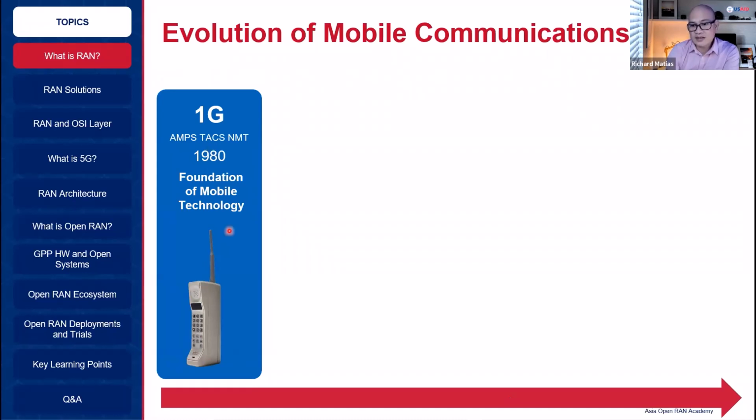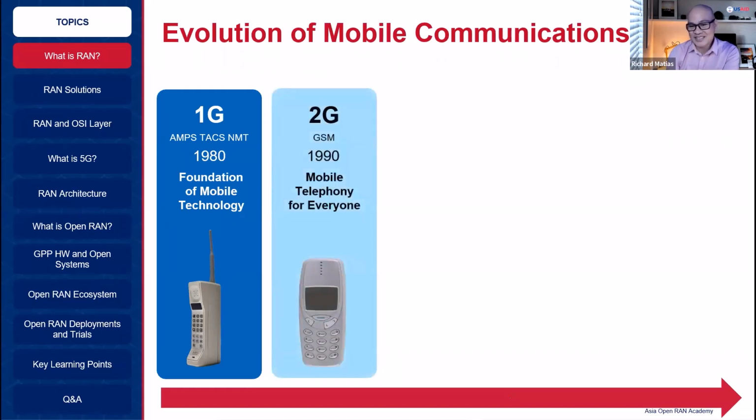So the first generation mobile communication technologies had limited voice services and introduced mobile telephony for the first time. Okay. So I'm not sure who among you were in 1G. Ako, wala pa ako dito sa 1G.